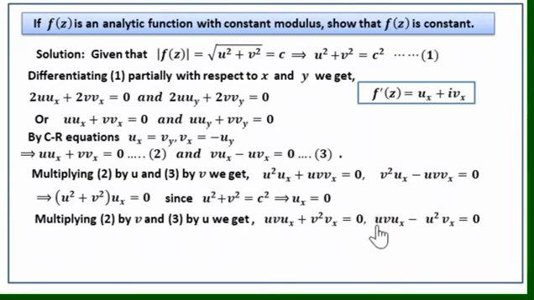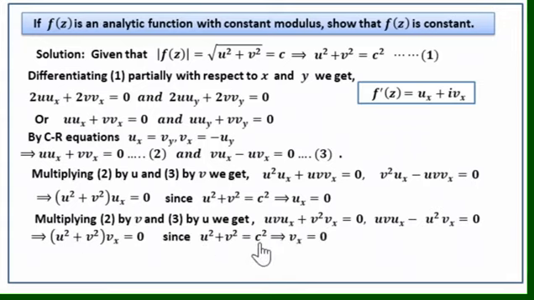Then we subtract the second equation from the first: uv ux minus uv ux is 0, and v square vx minus of minus u square vx gives v square plus u square times vx equal to 0. Since u square plus v square equals c square and c square is not equal to 0, we have vx equal to 0.